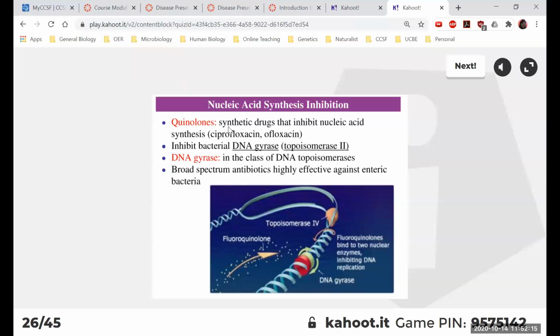Quinolones target DNA gyrase, which is one of the DNA topoisomerases. By making the topoisomerase or gyrase not function very well, it inhibits DNA synthesis. And quinolones are very effective in targeting enteric bacteria, so they can be used for treating bacterial infections caused by enterics.